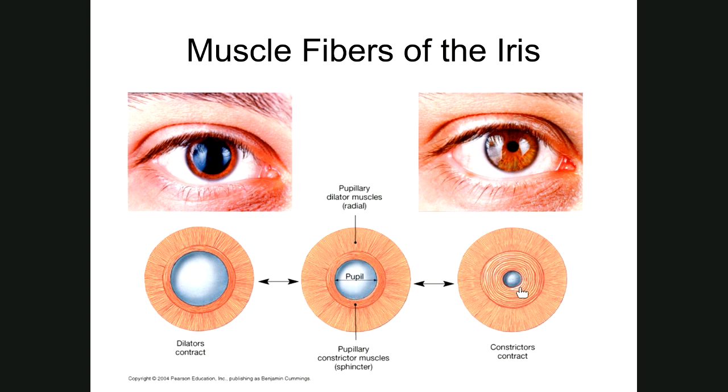The pupil is an opening. And radial muscle fibers, which are the ones that go from the center of the circular iris to the outside, when they contract, they're going to open the pupil or pull it and make it larger. The picture on the left. They change the diameter of the central opening or pupil, P-U-P-I-L.